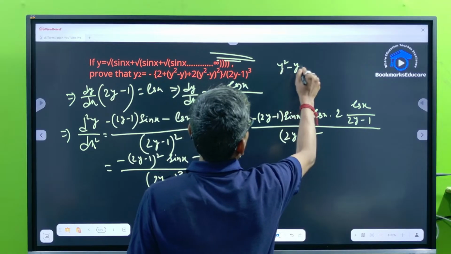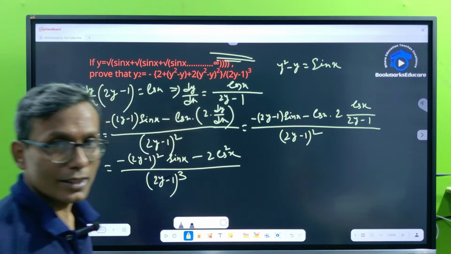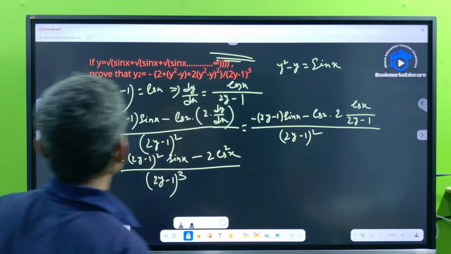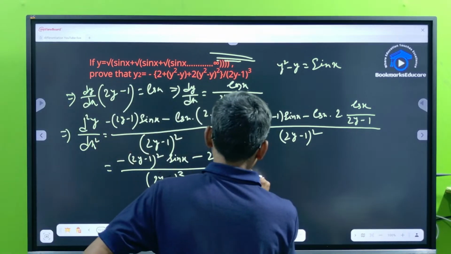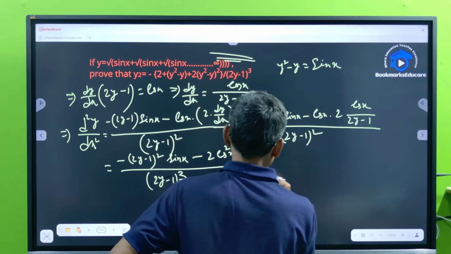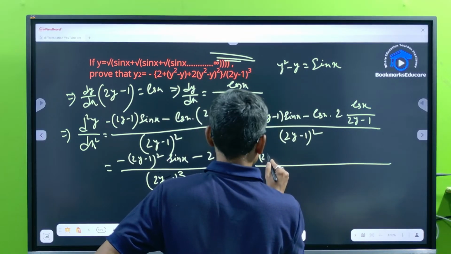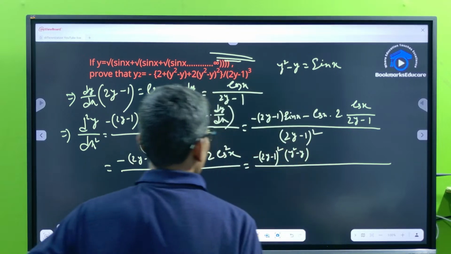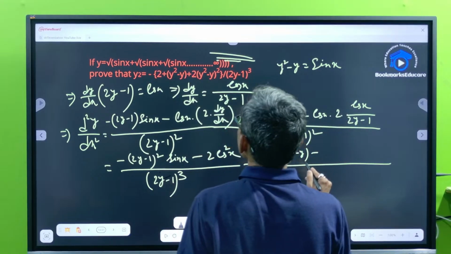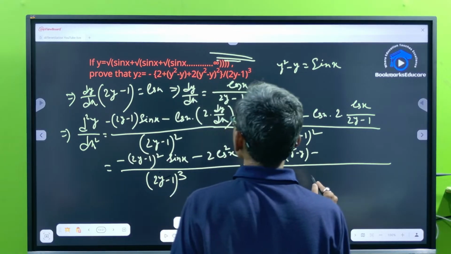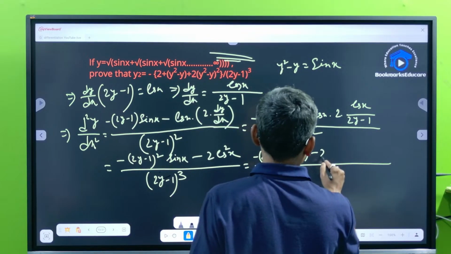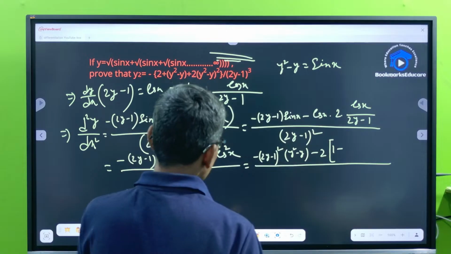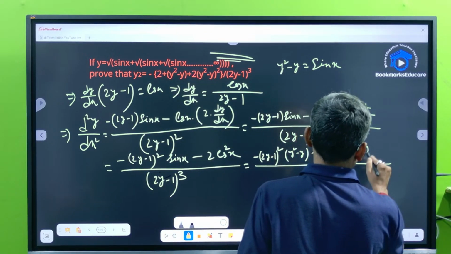What value of sin x did we find earlier? Sin x is equal to y square minus y, that has already been found. So minus (2y minus 1) whole square, the value of sin x is y square minus y, minus 2 into cos square x, meaning 1 minus sin square x, so sin square x means (y square minus y) whole square.